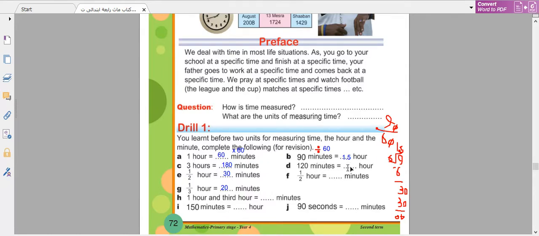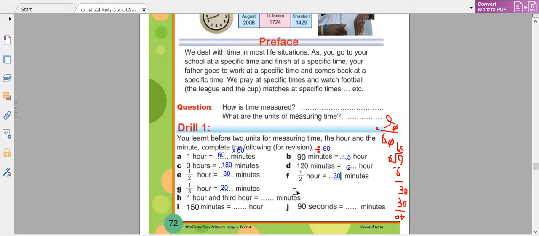If we calculate it, we will find out that 120 minutes equal 2 hours. We said that half hour equals 30 minutes. Try number H and number I by yourself.